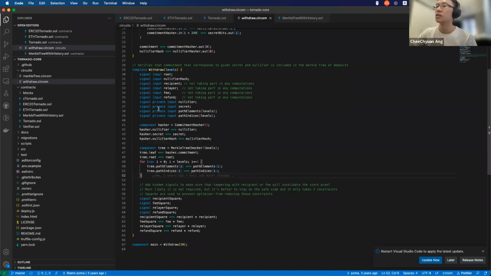Plus, you get the privacy that you want, because people are not able to know the element and the indices that you use to prove that the root is correct. So this is basically the meat of the logic. As you can see in the comment, these are probably not required, but they're there.